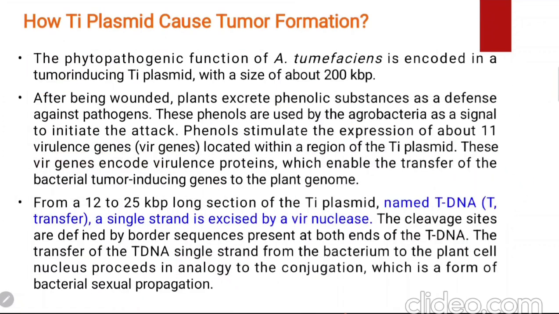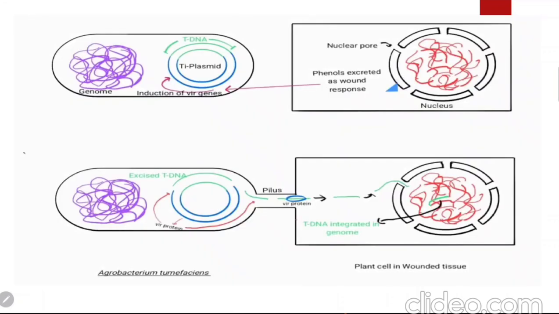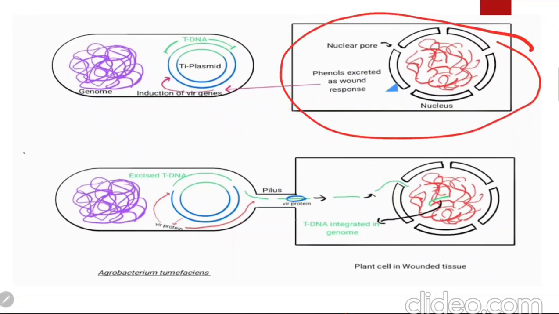Then we talk about how this Agrobacterium tumefaciens causes crown gall disease formation. So for example, this is your plant. What will it do? It will secrete phenols when it is wounded.